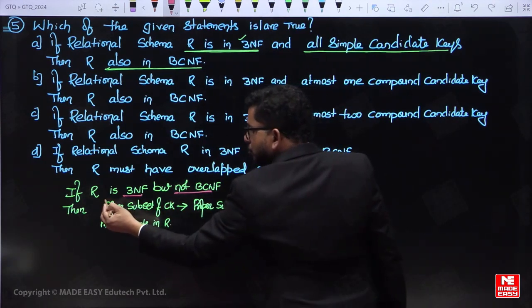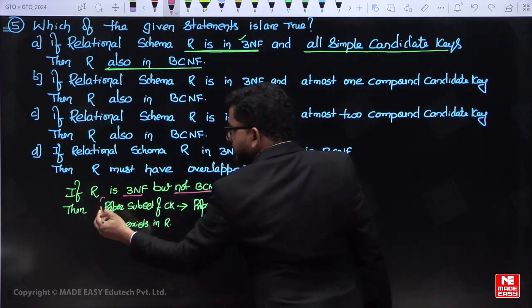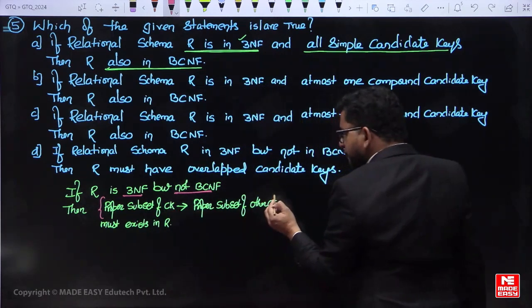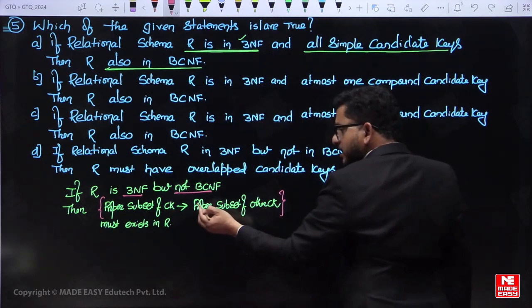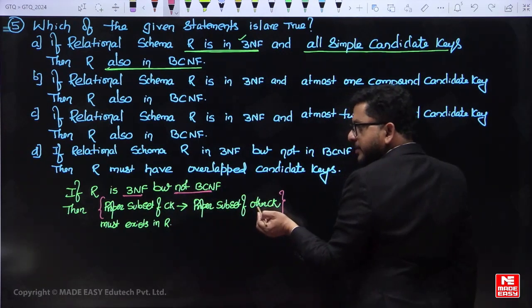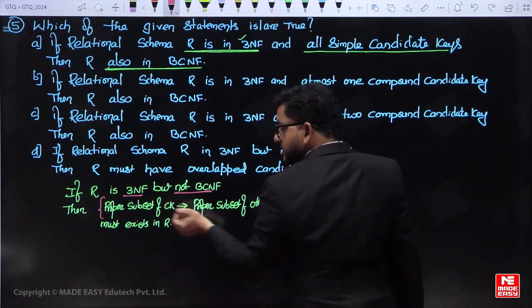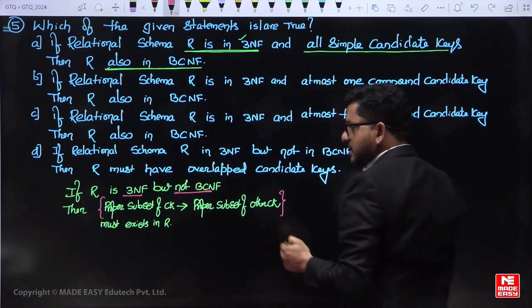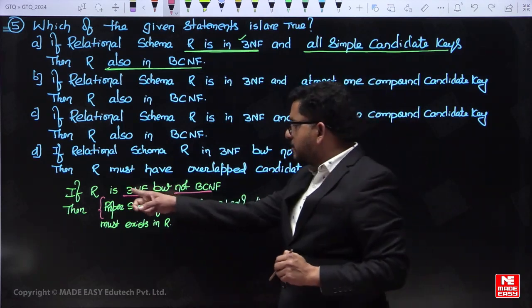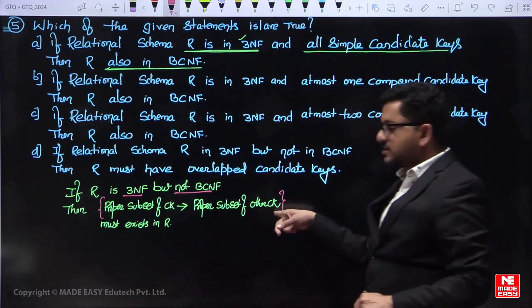It means that is the difference between 3NF and BCNF. This kind of FD is allowed for 3NF because the left side is not a super key but the right side is a prime attribute. It is allowed by 3NF, but not allowed for BCNF. Whenever 3NF is true and BCNF is false, this kind of FD should exist.